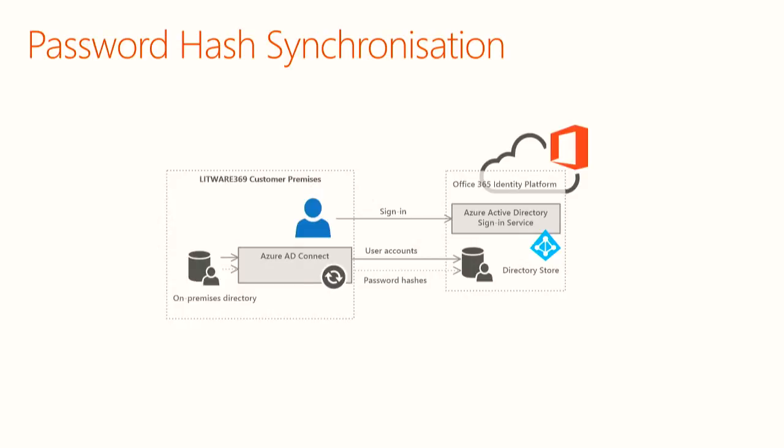So password hash sync, for those of you who don't know, as I touched on, we take the password hash, hash it again, and Azure AD replicates that up. That falls outside the normal object synchronization cycle, which is now once every 30 minutes, used to be once every 3 hours with the older versions of the sync engine. Password sync is outside of that window.